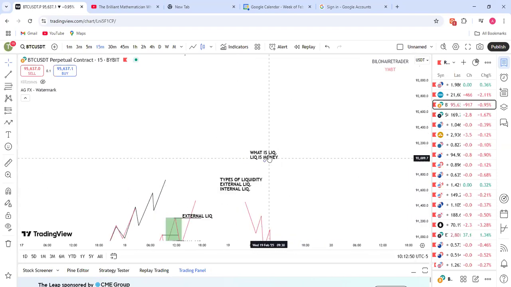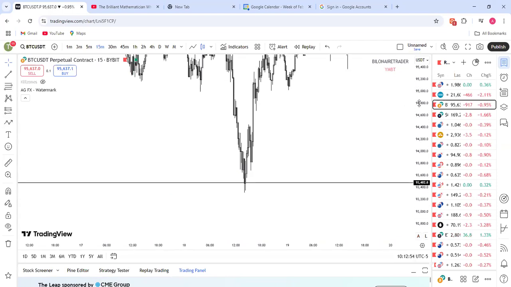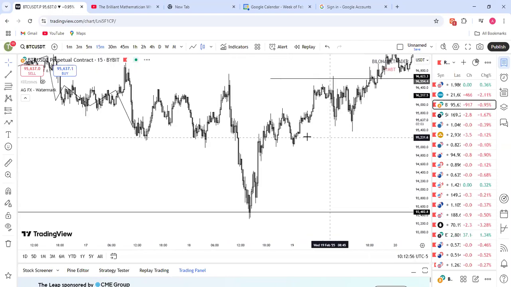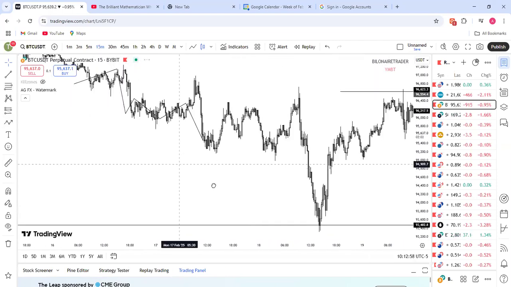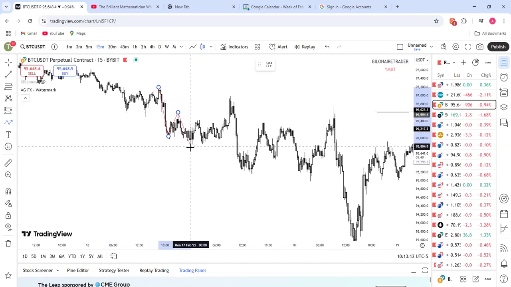Let's just have a quick chart outlook, and then we call it a day. So looking at this, let's use this bearish movement. We had this high, this low, this lower high, this lower low, right?